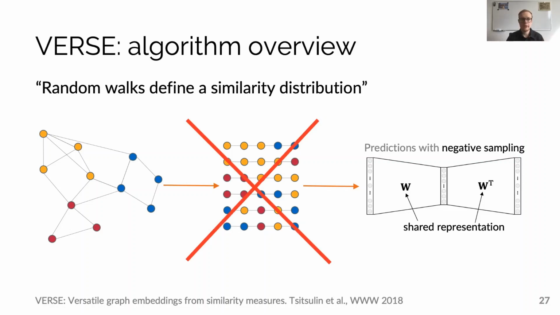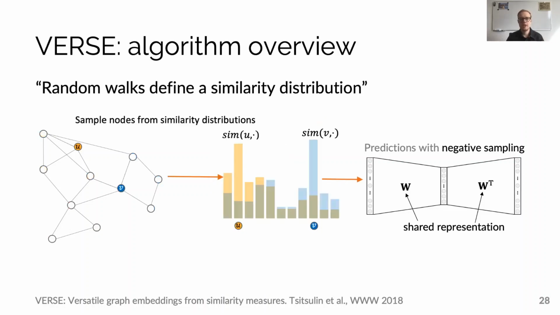So we have a similarity distribution defined by random walks. The trick here is that we don't sample random walks to use in the neural network. We sample from the similarity distributions via random walks or some other way. For example, we can also sample edges, and then it's a meaningful similarity distribution between nodes. And then samples from that are fed to a neural network.